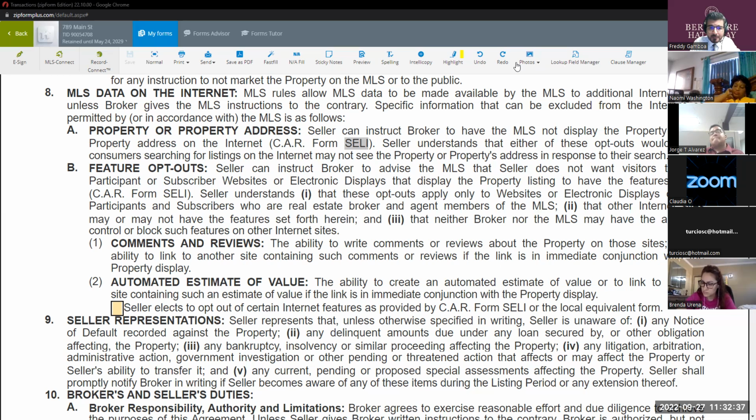Any questions on the pictures, the signage, branding? Non-branded. All right, so one picture is the minimum, but I strongly encourage all of you to please have at least 5 to 10 pictures. Now, if you're going to take pictures of the property, please let your sellers know that you're coming by, so they can make the beds, do the dishes, clean up, and the house is nice, tidy, and clean.